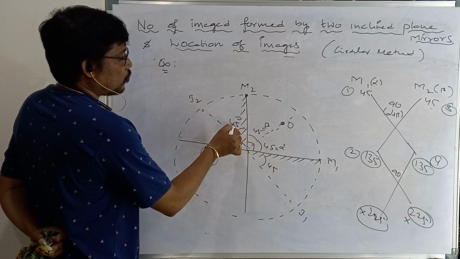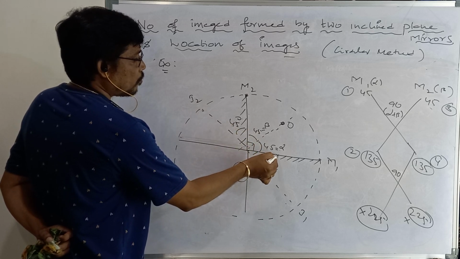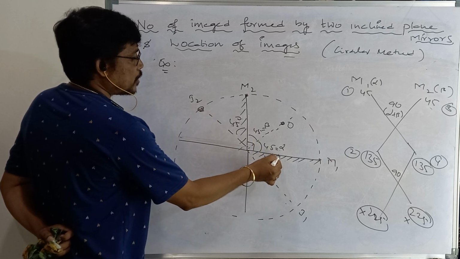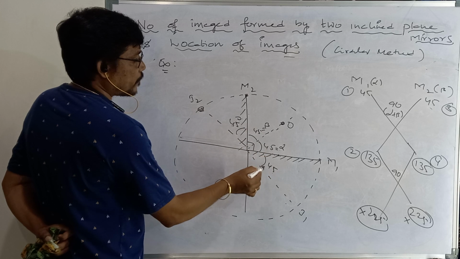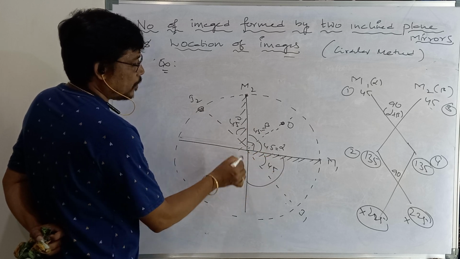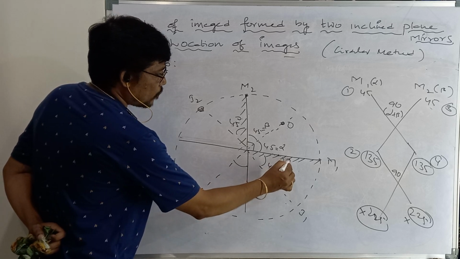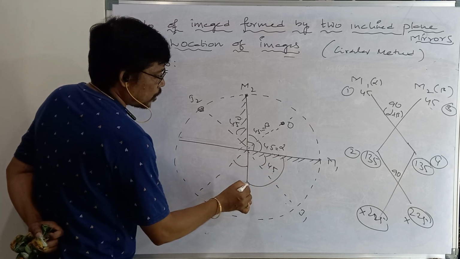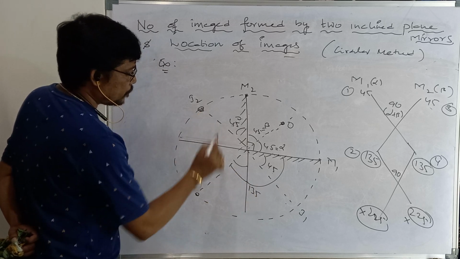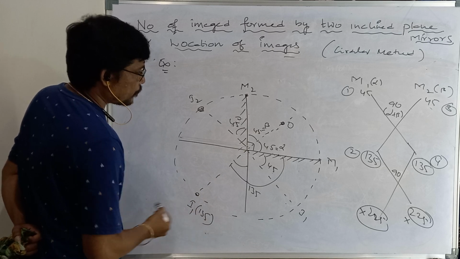So the image produced by this mirror, this is the object, is at an angle of 45. Draw 45. This part is 90 and this is 45, so the total up to here is 135. So the image is formed due to I1 at 135.